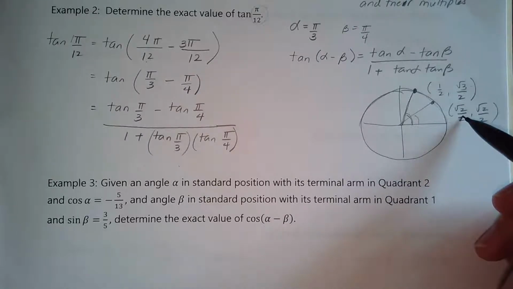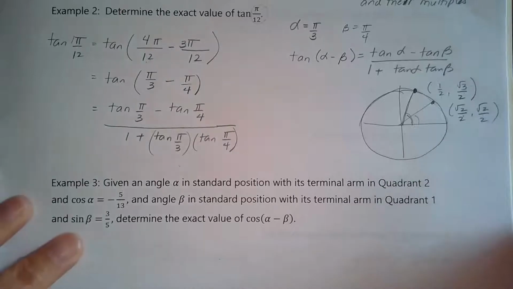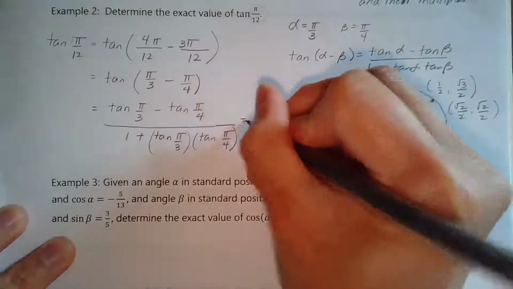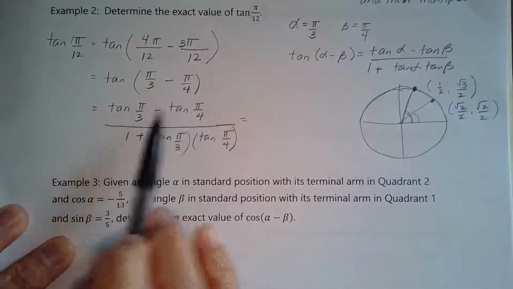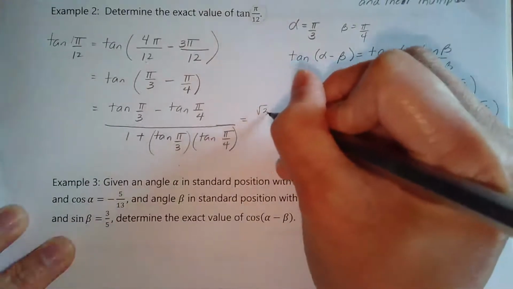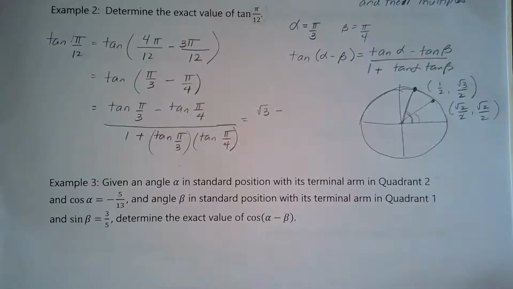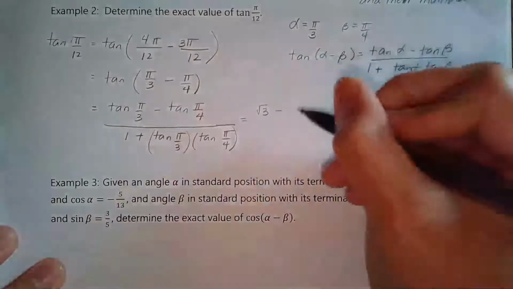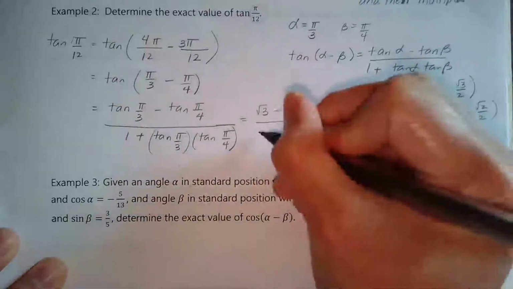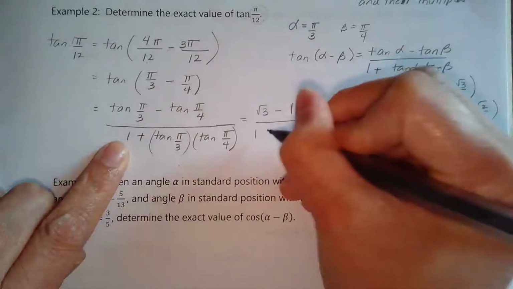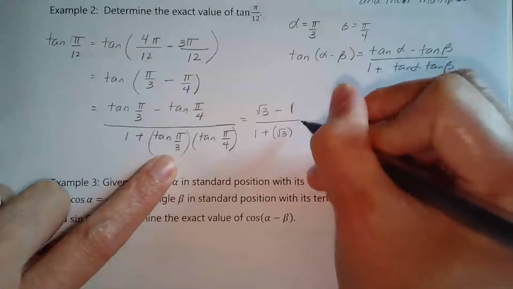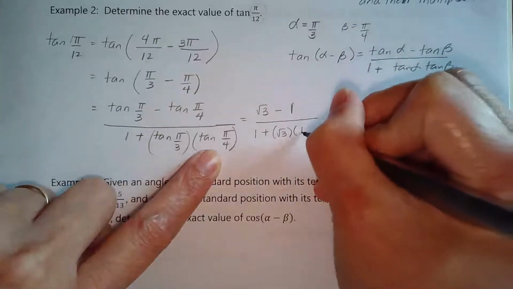So how do we do that? I'm running out of room, so I'm just going to go this way. Tan of pi by 3 is going to be root 3, minus tan of pi by 4, which is 1, divided by 1 plus tan of pi by 3, which is root 3, times tan of pi by 4, which is 1.